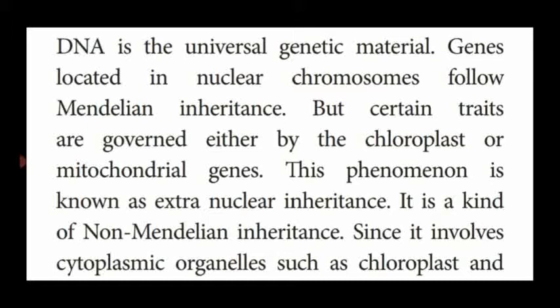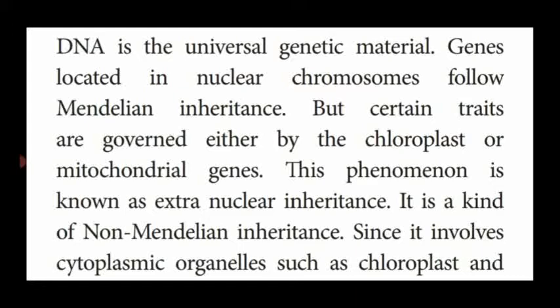Chloroplast is a green colored plastid present in the plant, which is responsible for the photosynthetic process. Another cell organelle is the mitochondria, which is responsible for cellular respiration. Both of them have DNA in their cytoplasmic region. So these chloroplast and mitochondria or other cellular organelles also show some inheritance.